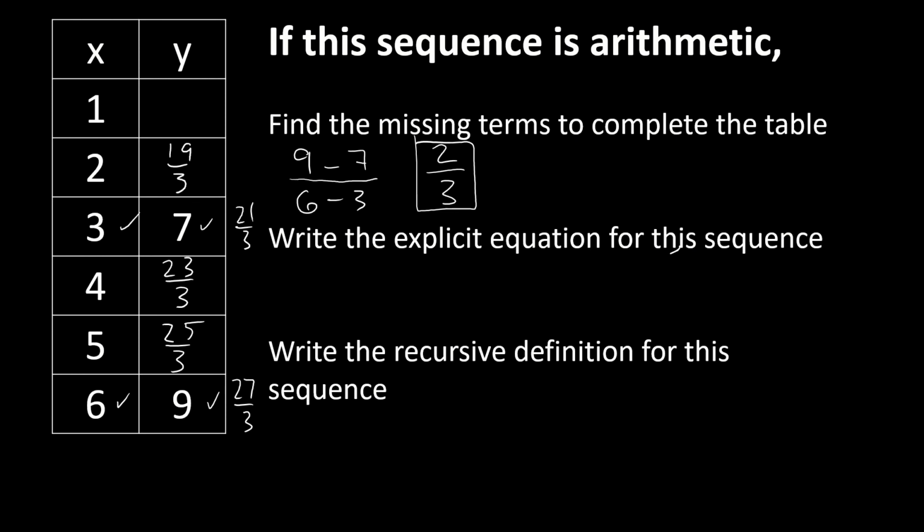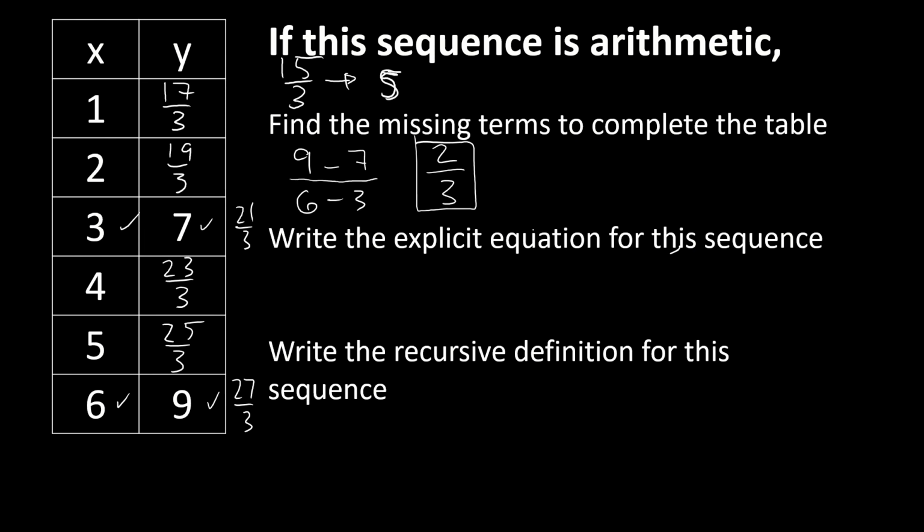And then 19/3 minus another 2/3 should be 17/3. And if I go one more, if I subtract 2/3 again, I end up getting 15/3. And I'm going to write this number here, 15/3, which is the number 5.